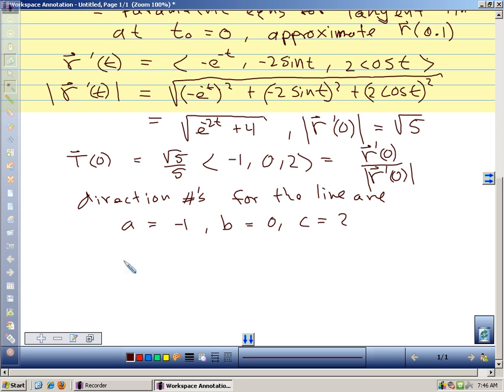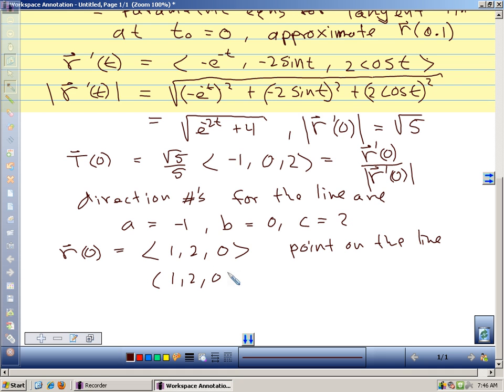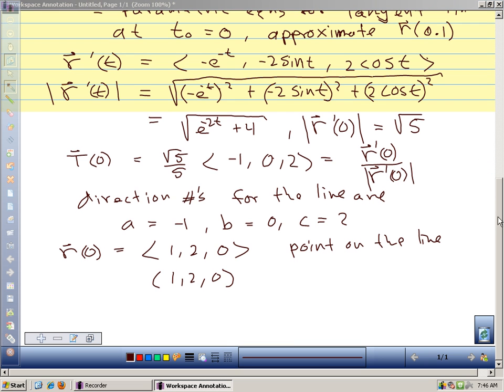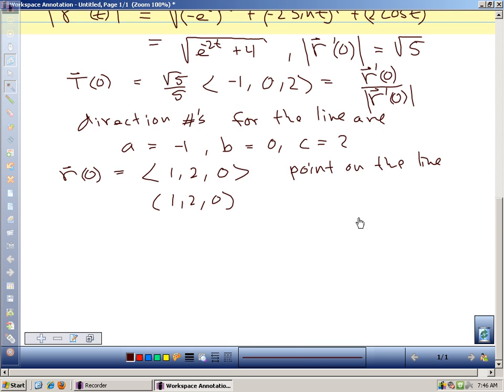And we need a point on the line. So our position vector, r of 0, is 1, 2, 0. So the point on the line is the point 1, 2, 0. And now we can write our parametric equations for the line. We have our direction numbers and we have a point on the line.